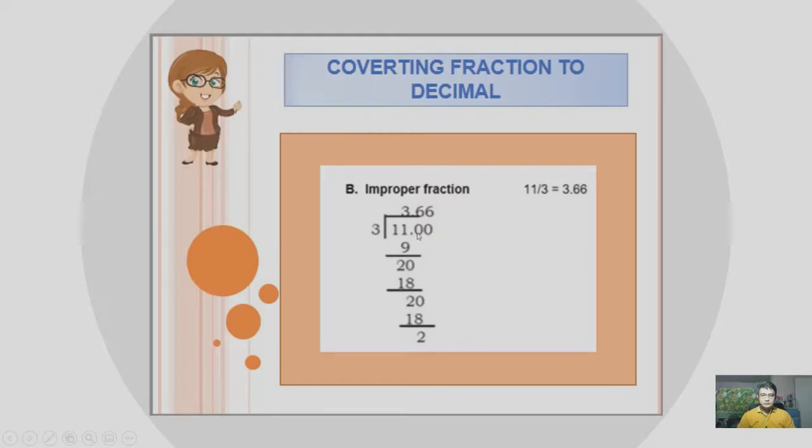You have to borrow 0. 20 divided by 3 is 6. 6 times 3 is 18. 20 minus 18 is 2. Bring down 0. 20 divided by 3 is 6. 6 times 3 is 18. 20 minus 18 is 2. This is called a repeating decimal. So the answer is 3.66.